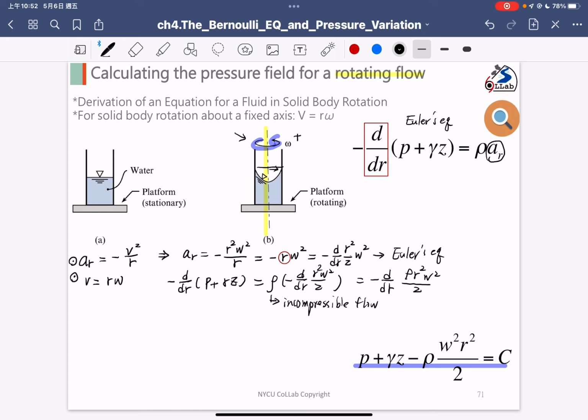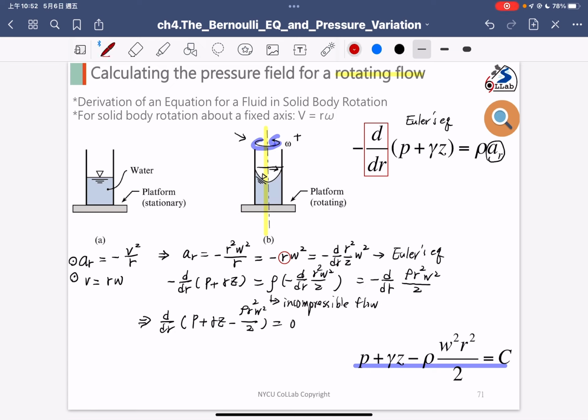Then you can reorganize the equation. Finally, d/dr of (P plus gamma z minus rho r squared omega squared over 2) equals 0.